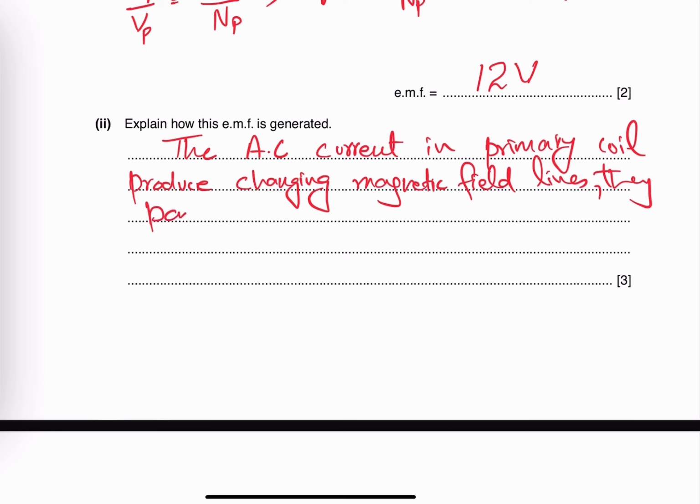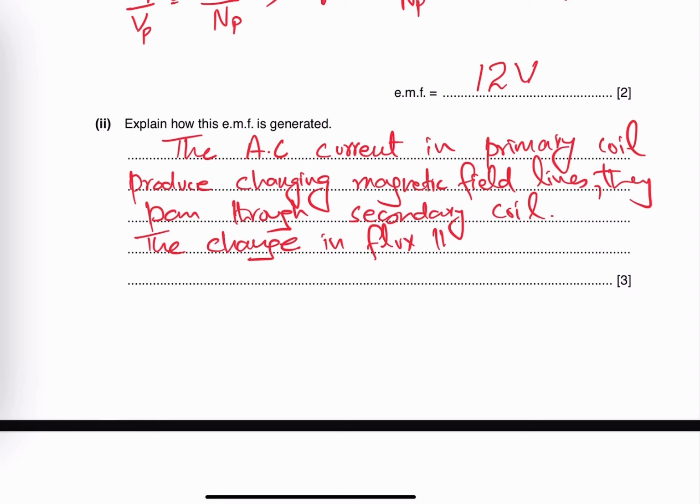They pass through the secondary coil. The change in flux through the secondary produces EMF. Okay, so that is the complete answer.